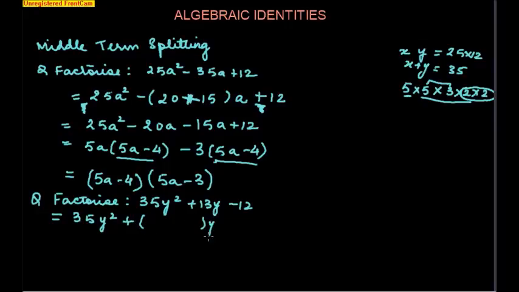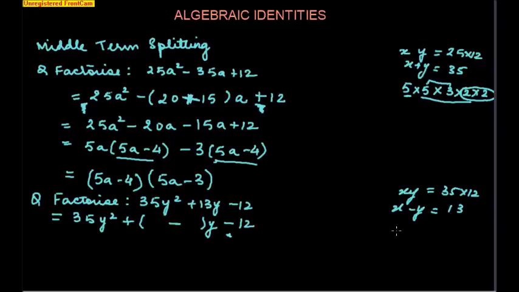I put the bracket, I put y minus 12. Please see the sign in front of the constant is minus and the other is plus. Plus into minus makes it minus. So this time I need two numbers x, y whose product is 35 into 12, but their difference is 13.